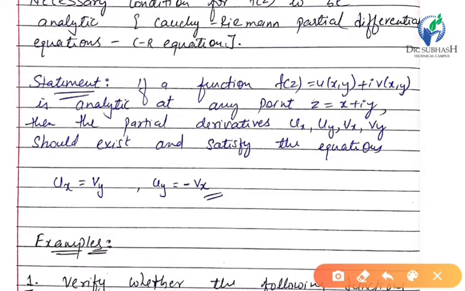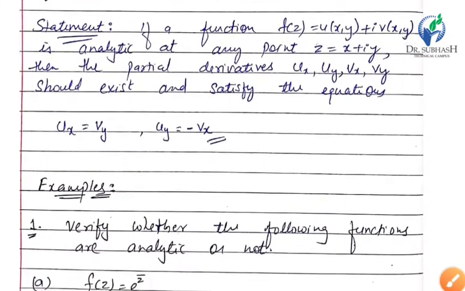The statement follows as: if a function f(z) = u(x,y) + i v(x,y) is analytic at any point z = x + iy, then the partial derivatives ux, uy, vx and vy should exist and satisfy the equations ux = vy and uy = -vx. This formula we will remember and we will use it to solve some examples.